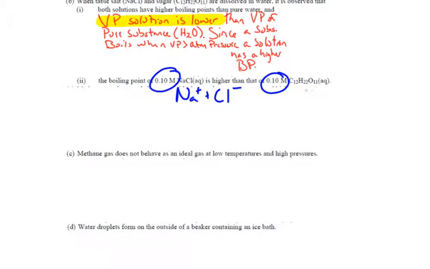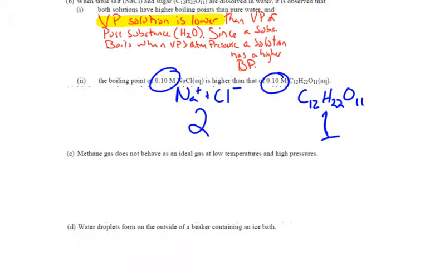I put sugar in water, I still have sugar. Covalent compounds, or non-electrolytes, don't dissociate in solution. So the Van't Hoff factor for sodium chloride is 2. The Van't Hoff factor for sugar is only 1. So the boiling point of sodium chloride, assuming they have the same concentration, and they do, is always going to be higher than the boiling point of a solution of sugar.